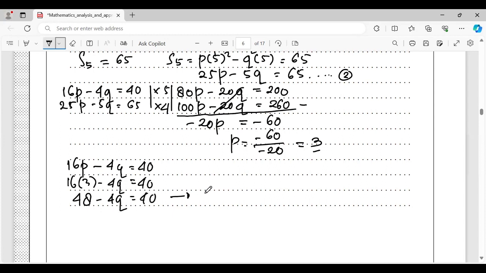So 4q equals 48 minus 40. 4q equals 8 and q equals 8 over 4 equals 2.